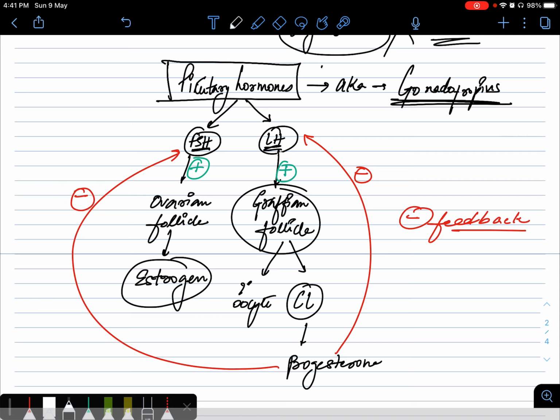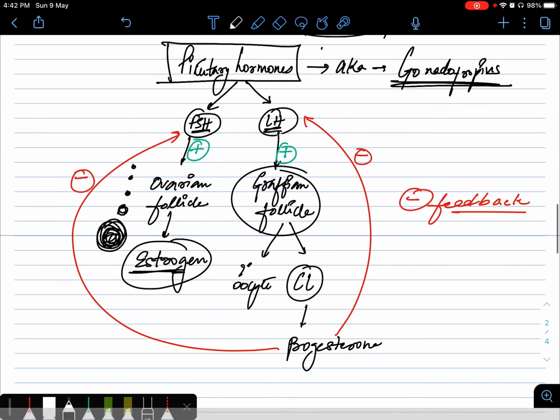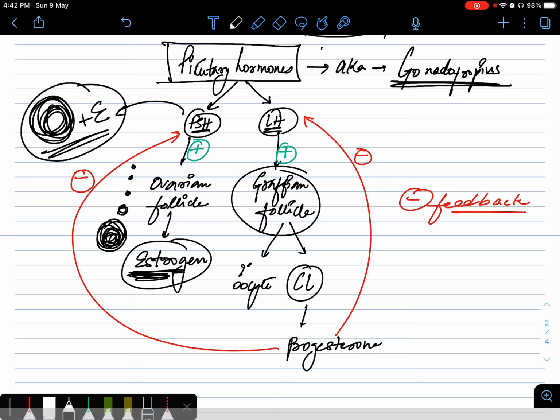It will help in stimulation of the follicles, which will help in producing estrogen also at the end. The smaller follicles will keep growing, and finally form the Graafian follicle. And also it helps in production of estrogen. So the two main functions of the FSH are Graafian follicle development and estrogen.